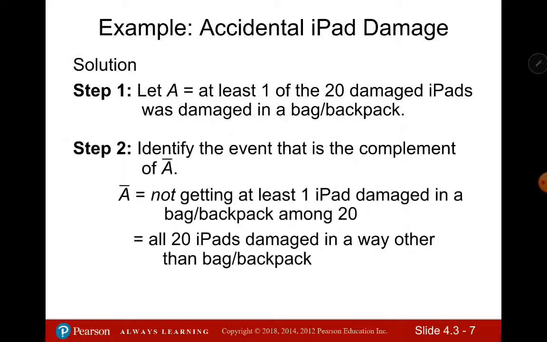It will be none of the iPads were damaged in a backpack, or 20 damaged in a way other than backpack. So none of the iPads were damaged in a backpack. That's the complement of event A. So we can think of that as the probability of none, probability of 0.